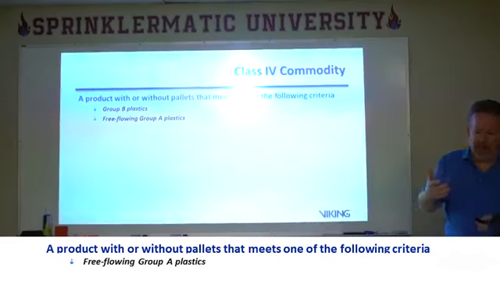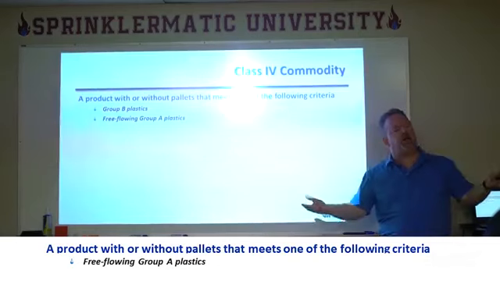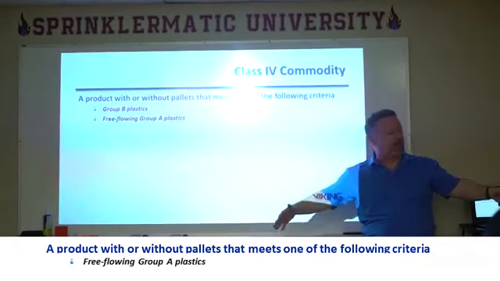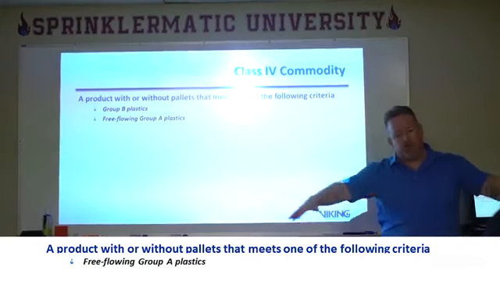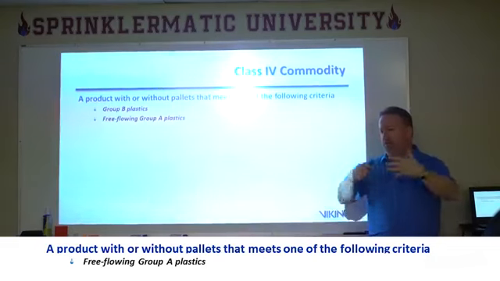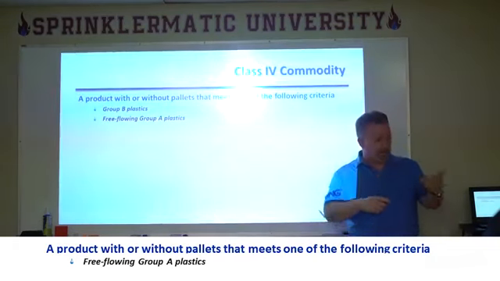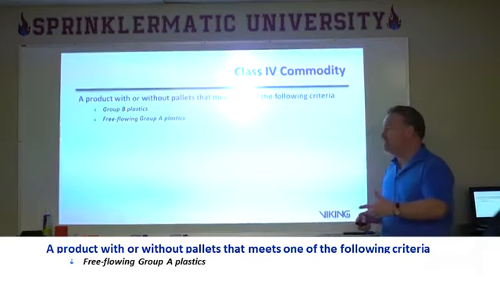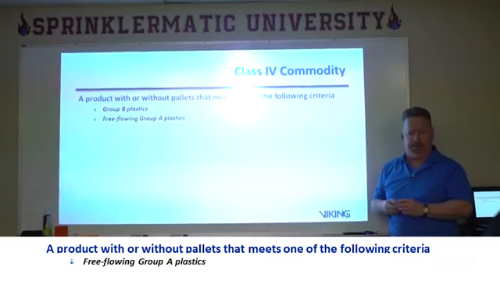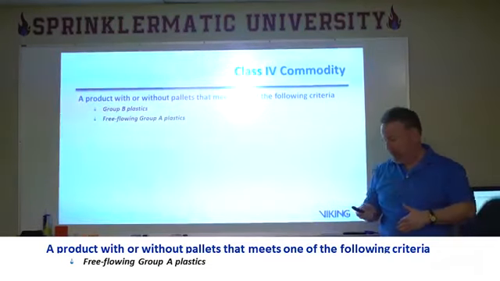Now, with free-flowing group A plastics, the question is: if the cardboard box opens or the container opens, will this material, like packing peanuts or something like that, flow out into the space and fill the void spaces around the box, around the pile of storage? If that's true, then you can classify that as a class 4 commodity. If not, then we have to protect it as a group A plastic.